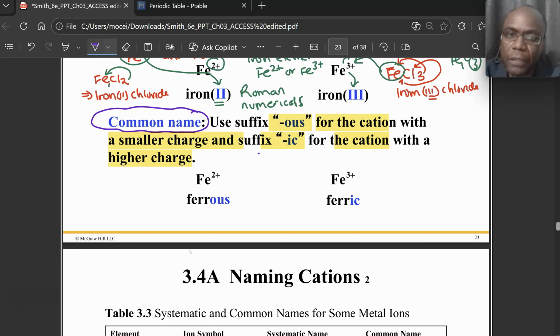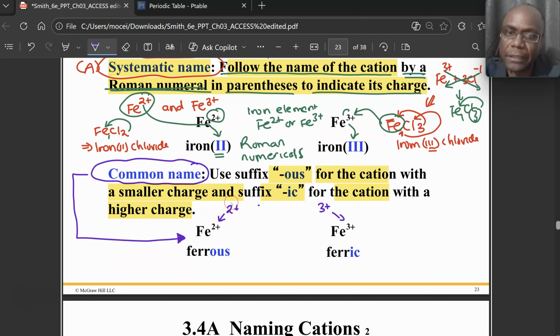So you see how we have 2 versions. We have Fe with 2 plus and Fe with 3 plus. If you are just going to use the common name, the name that a common guy will use in the streets, those that cannot say iron 2, you can call it ferrous, Fe, coming from the iron symbol, while the one that has maximum charge would be ferric.